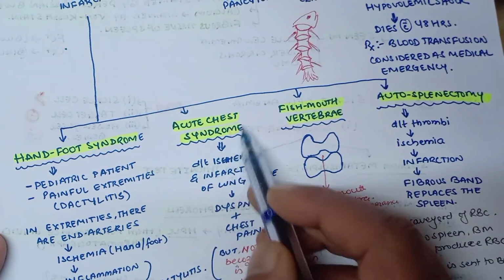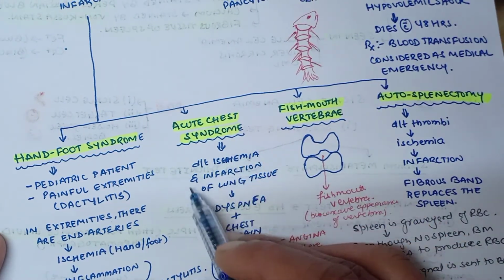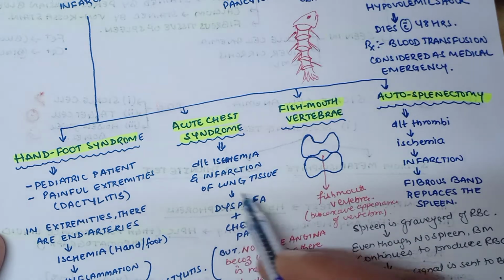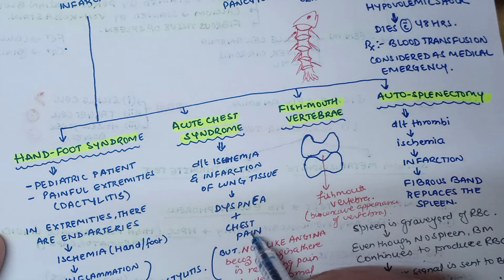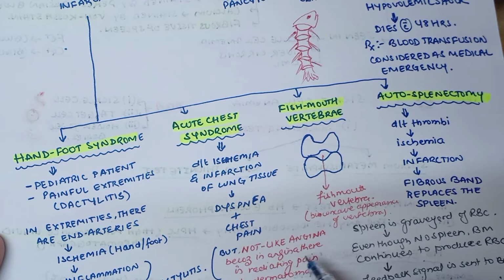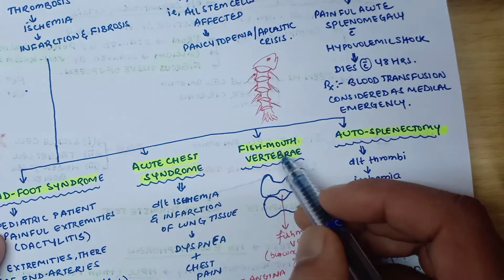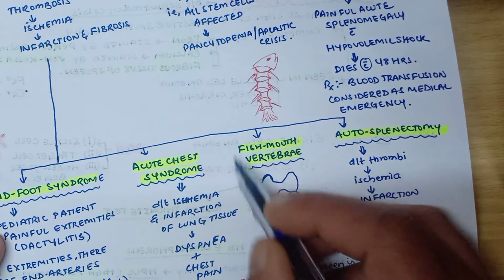In acute chest syndrome, due to ischemia and infarction of the lung tissue, there will be dyspnea and chest pain. This chest pain is not of angina character, because in angina there is radiation of pain to dermatomal areas. They will also present with fish mouth vertebra.